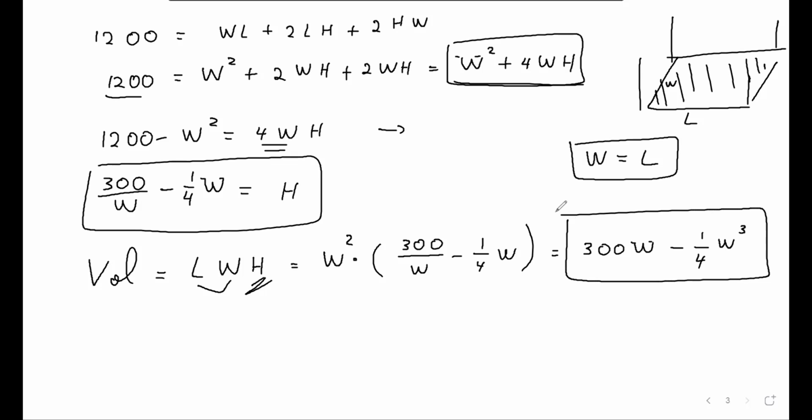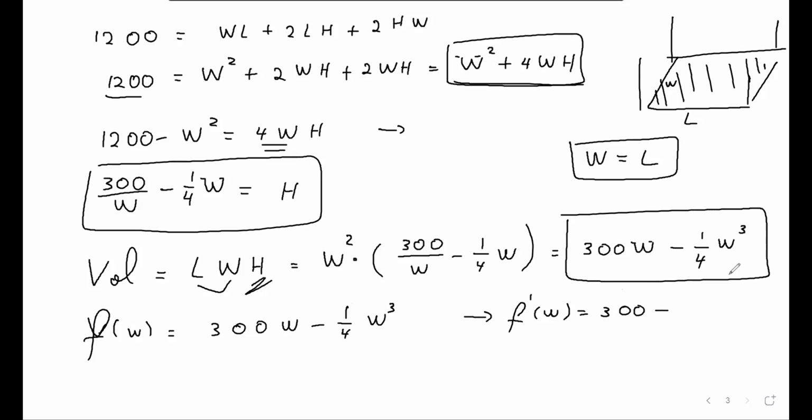Now, this is again almost exactly similar to the previous situation. This is going to be a function that has a maximum, and it's going to be really easy to find out. If the function is f of W equals 300W minus 1/4 W cubed, and we calculate its derivative, f prime of W is going to be equal to 300 minus 3/4 W squared.